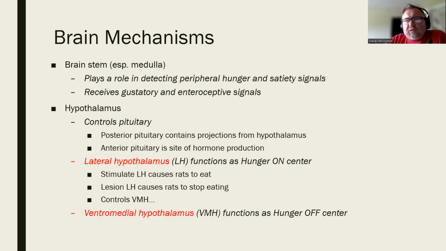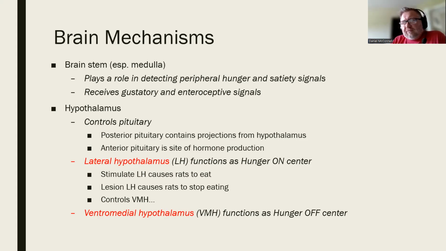So it's more of an hourly kind of rhythm, but it is a rhythmic behavior. This is a common theme of these motivated hypothalamic-driven behaviors: they're all in various ways rhythmic. In this case, the lateral hypothalamus is a nucleus that sits more towards the sides of the hypothalamus, that activates as a hunger-on signal.